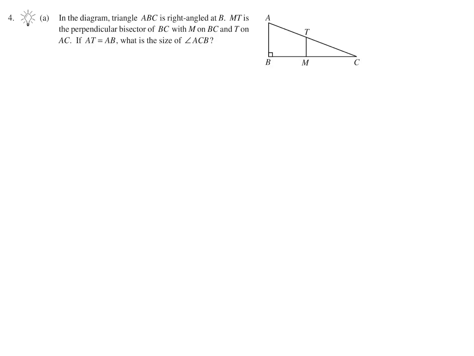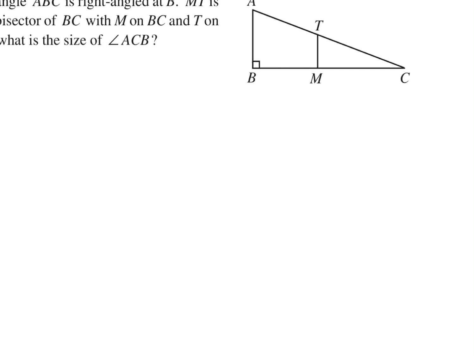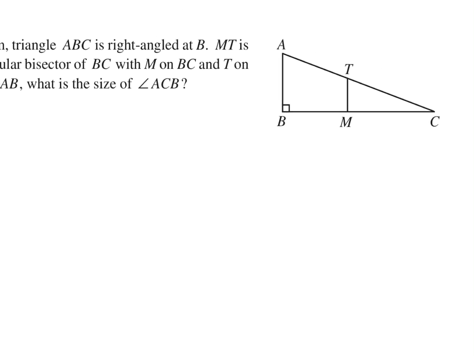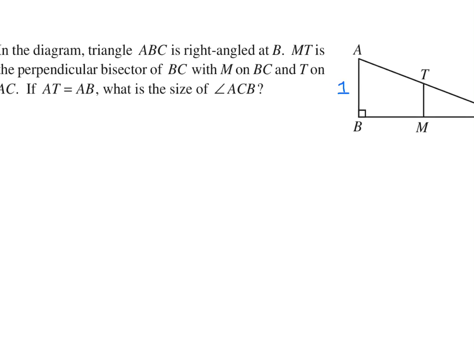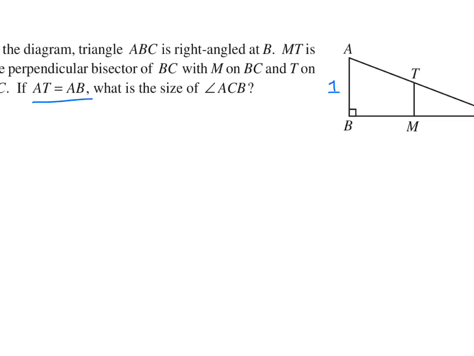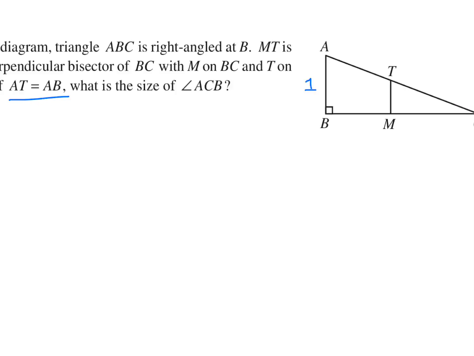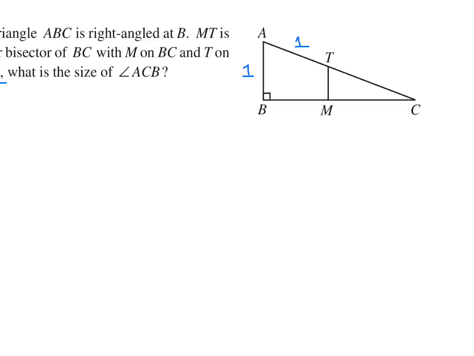For example, there's the immediate way, which I'll show you by blowing up this diagram. Let's say we don't know any numbers, but let's just say AB is 1. They tell you that AT is equal to AB, so this is 1, AT.